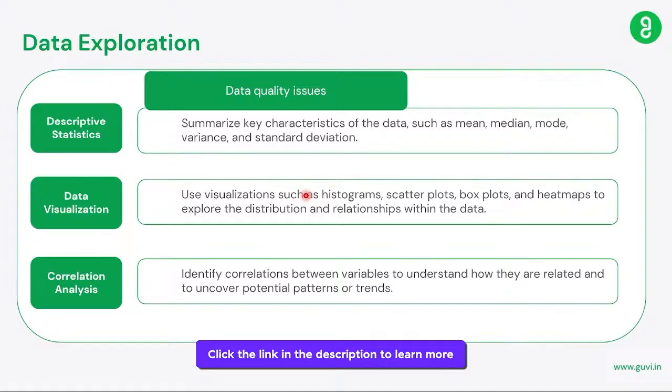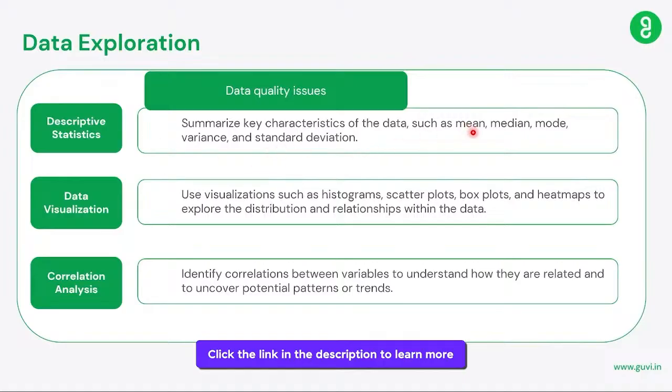Now, the key components of data exploration are three different steps: descriptive statistics, data visualization, and correlation analysis. So what is descriptive statistics? Descriptive statistics provide a summary overview of key characteristics within the dataset.